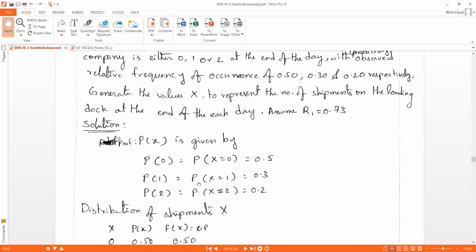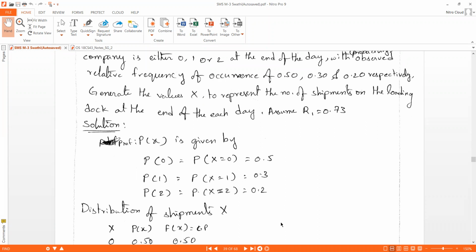P of 1 is P of X equal to 1, and the value given is 0.3. And P of 2 is P of X equal to 2, which is 0.2, given in the problem.